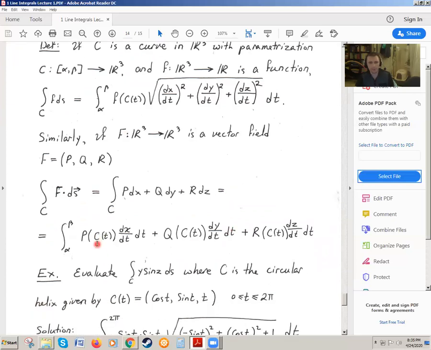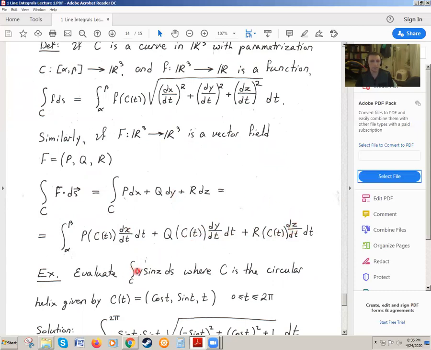When I parameterize, it amounts to an integral from alpha to beta. Instead of x, y, z, I plug in c of t, and instead of dx, I have dx dt, dy dt, and dz dt.